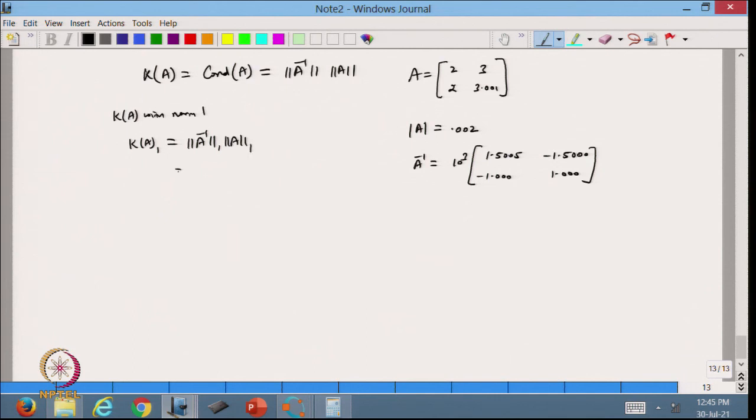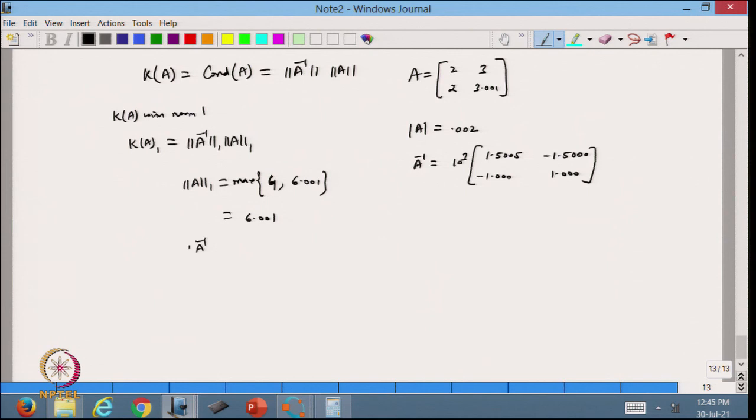So, from here I can find out the norm 1 of the matrix. It is taking the maximum column sum. So, it is the maximum of 4 and 6.001. So, its value is 6.001.